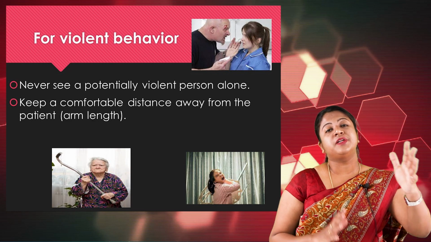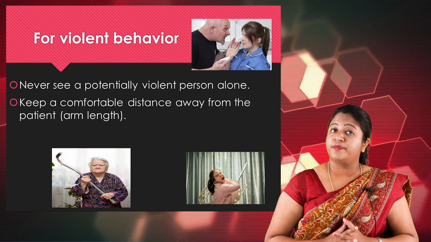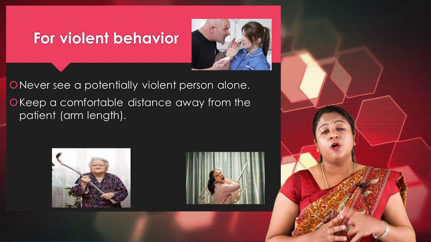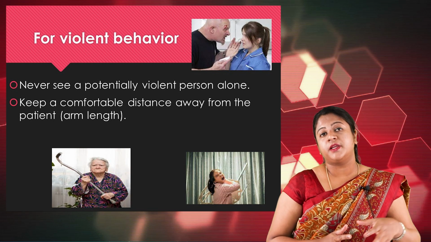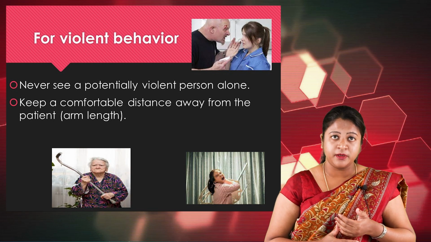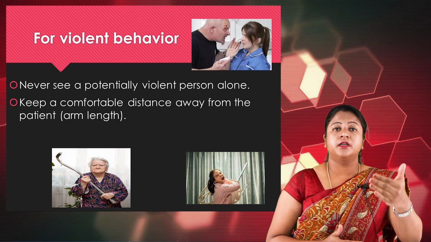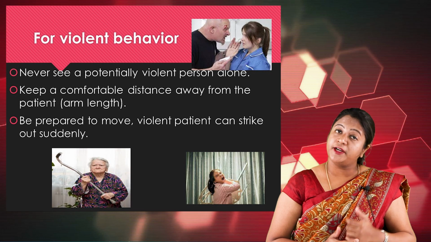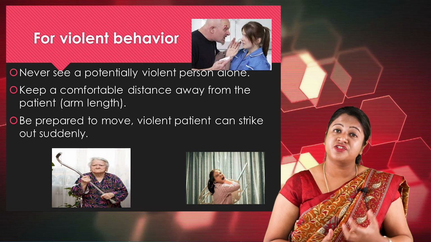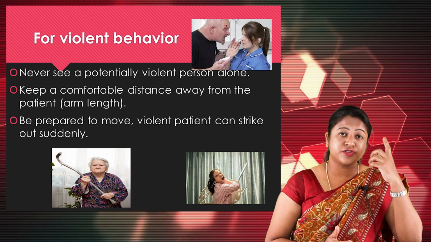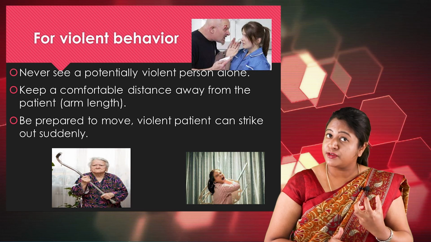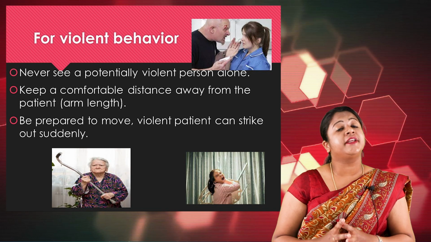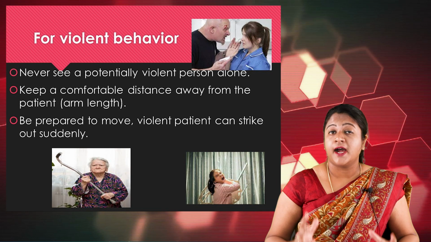Always keep a comfortable distance from such kind of a patient, because you do not know when he will attack you. Always keep a distance, preferably an arm's distance, with the patient when he is violent. Always be prepared to move. You do not know when he will strike you. So always your senses should be very much active to analyze the situation, and you have to be ready to move when the violence attacks you.